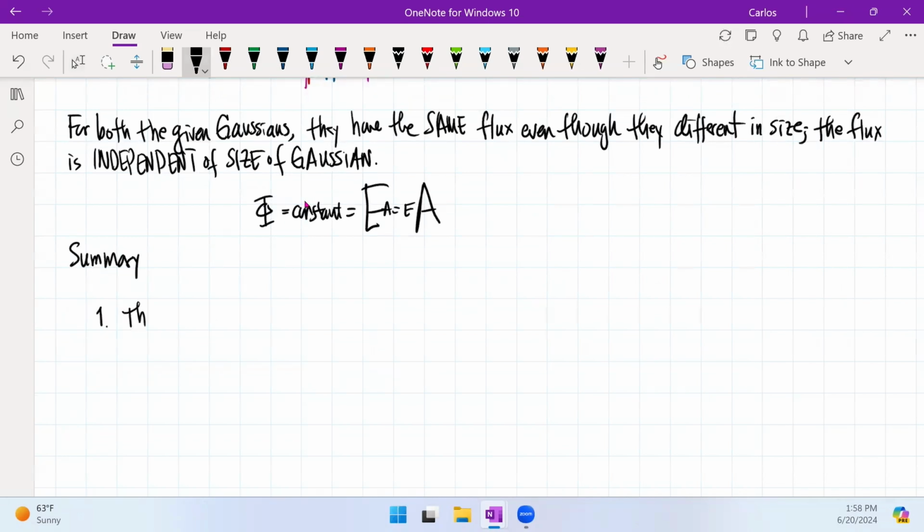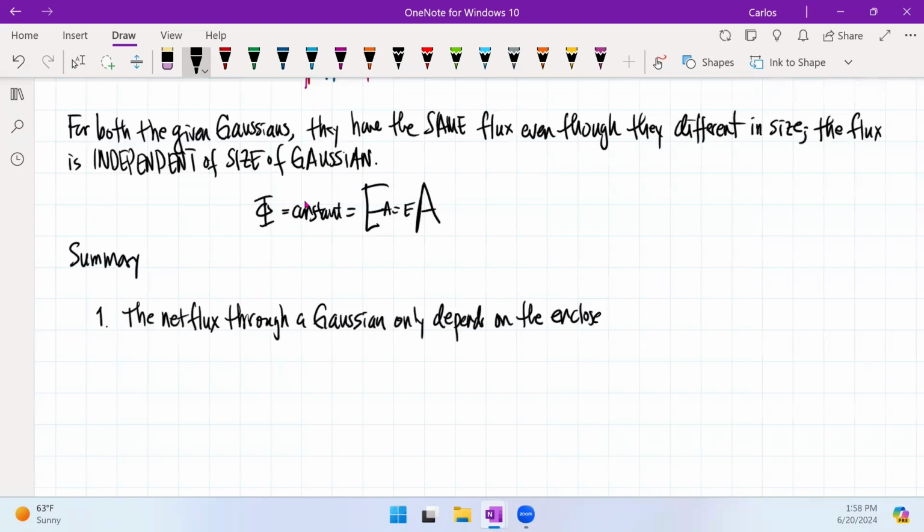We said the net flux through a Gaussian only depends on the enclosed charge. And we saw 2 things here.